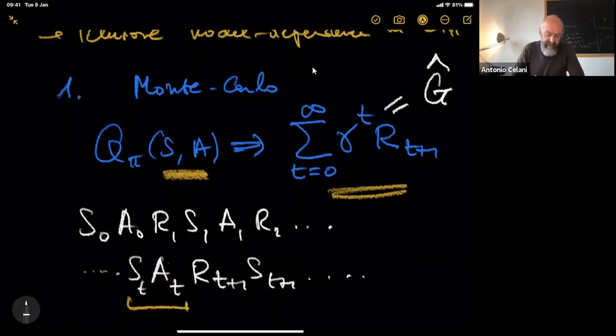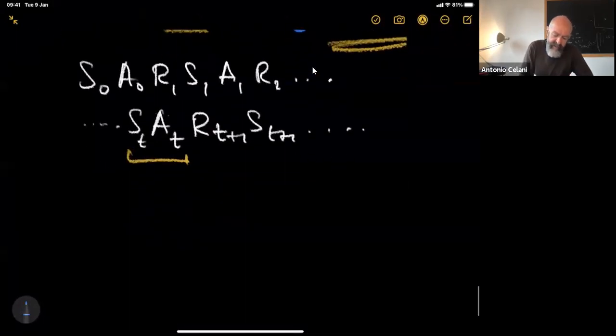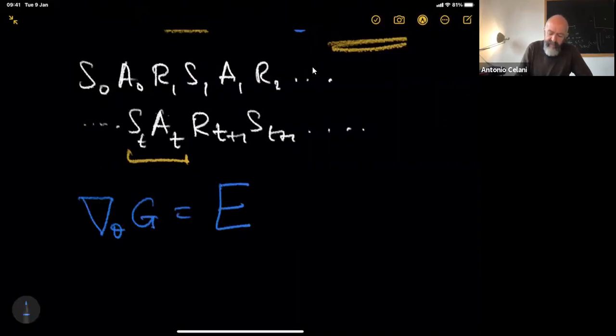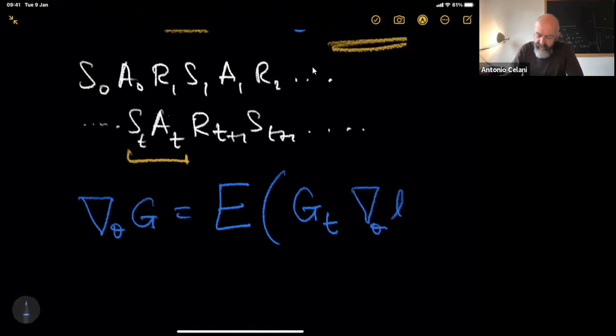So if you combine these things together, the final result is that you can write down your average gradient exactly as an estimate of the future rewards, discounted, starting from a certain time t, times the gradient over theta of the logarithm of your policy pi, taken in action a_t and state s_t.